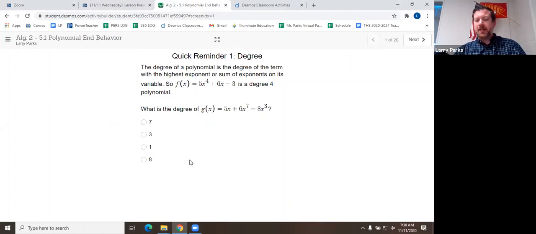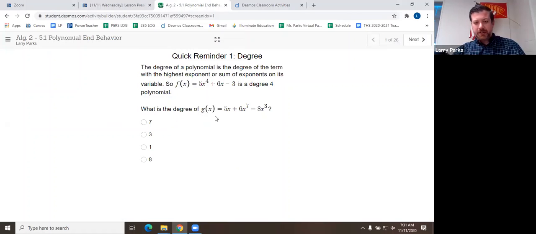So the first thing I want to make sure you understand is what's called the degree. And so the degree of a polynomial is the degree of the term with the highest exponent. So remember, like 4 is the exponent, 1 is the exponent. So I would say that 4 is the degree because it's the biggest number.